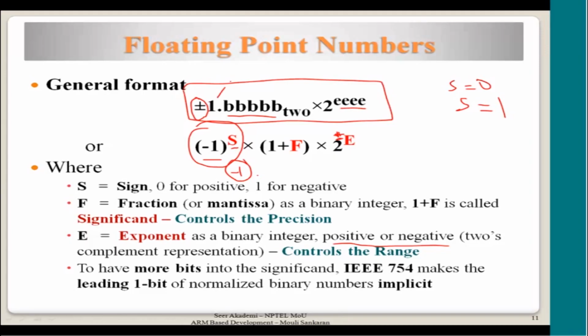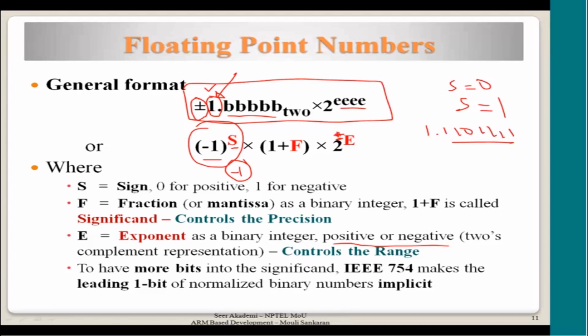And then I am saying this is the normalized form, that means the leftmost number is a non-zero value, which happens to be a 1, so it is always fixed to be 1 point something. Now tell me something, 1 point some number is there.